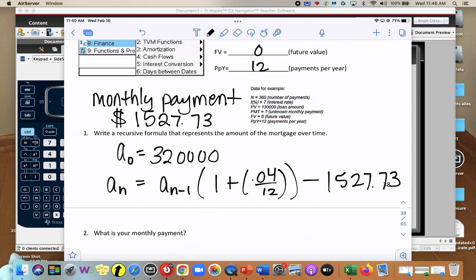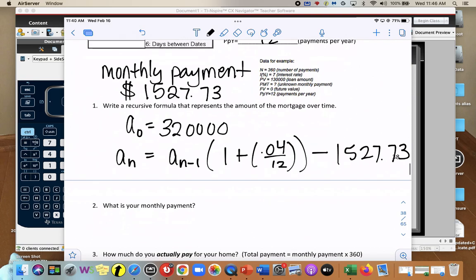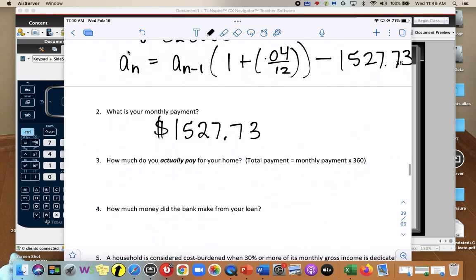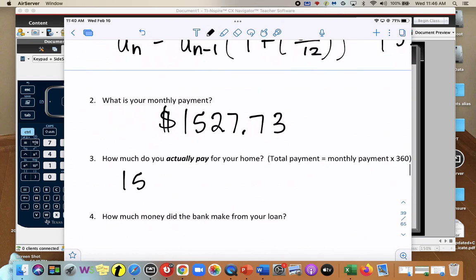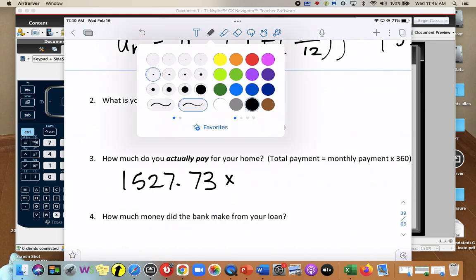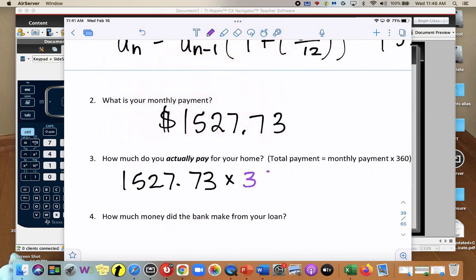You could program it into your calculator and see how much you would still owe on the house after each month. And again, our monthly payment was $1,527.73. What do you actually pay for this house? Okay, so again, here's our monthly payment. We're paying it for 360 months. So let's type that into the calculator and see what that is.